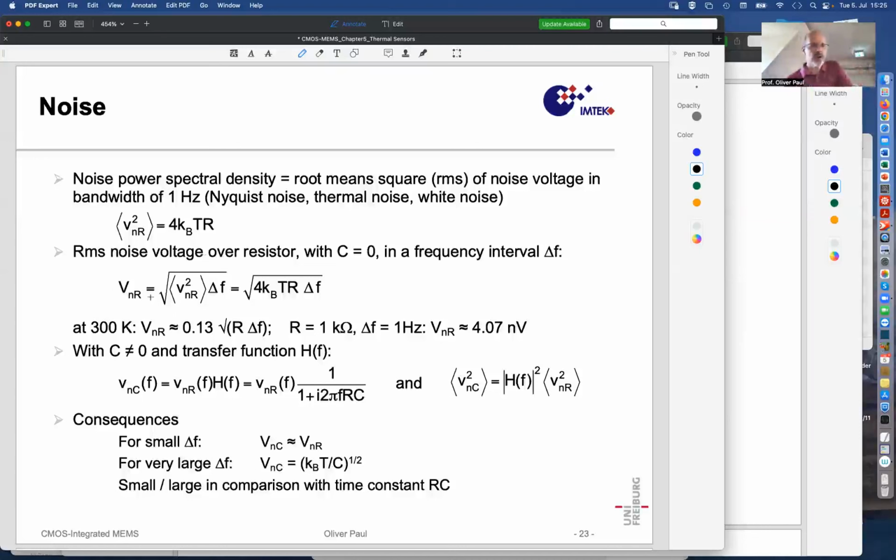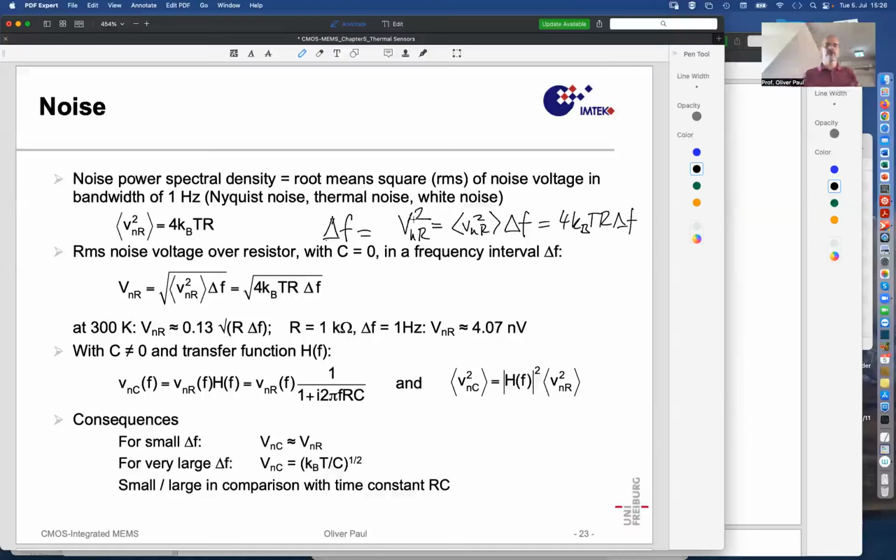So if I calculate now for a decently large delta F, some wideband frequency range, that noise voltage, which I'm writing with a capital R, is going to be this little VNR for 1 hertz times delta F. And this is equal to 4 kBT R delta F.